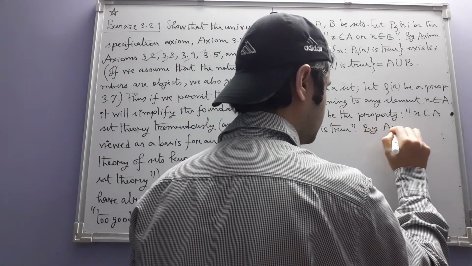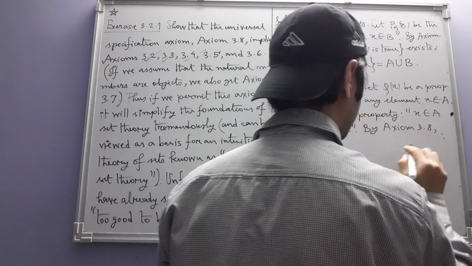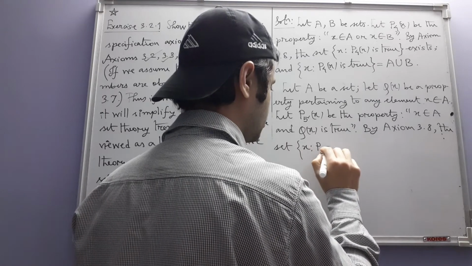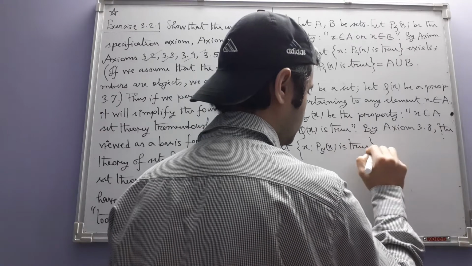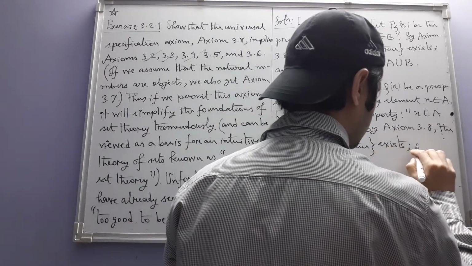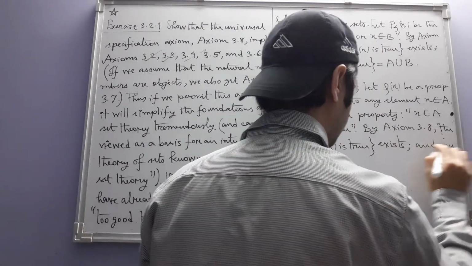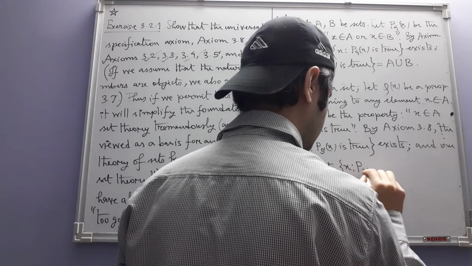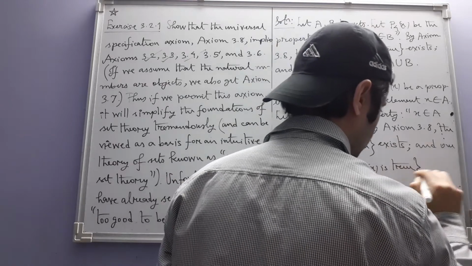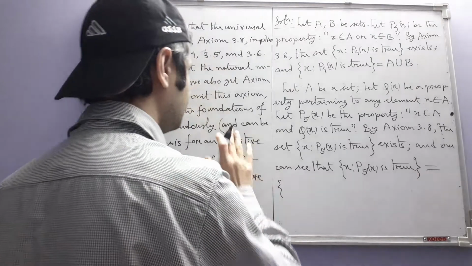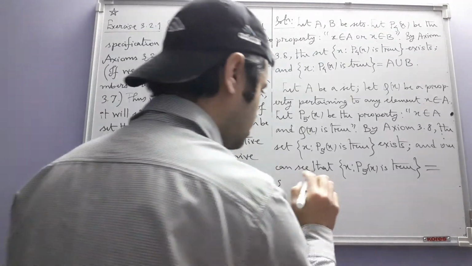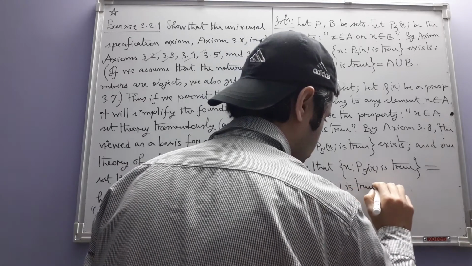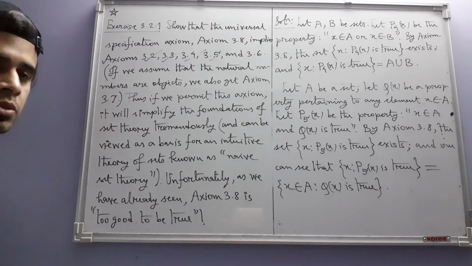Then by the axiom of universal specification, this set, x such that P5x is true, exists, and one can see this set is nothing but the set that we have in the axiom of specification: x belongs to A such that Qx is true. So we have got the axiom of specification also.